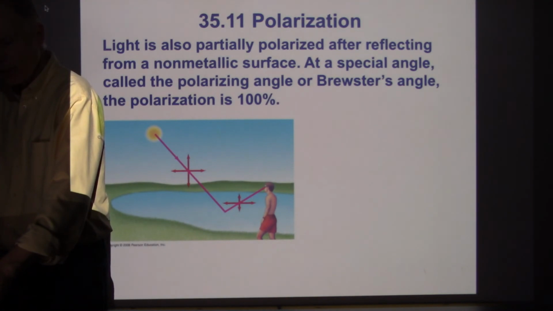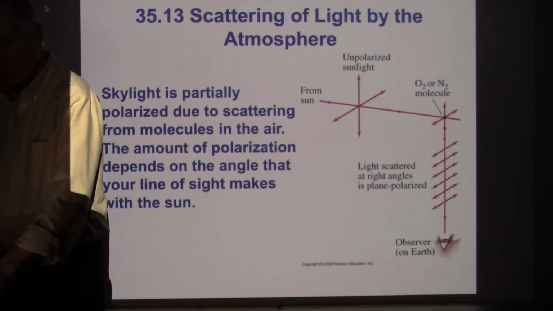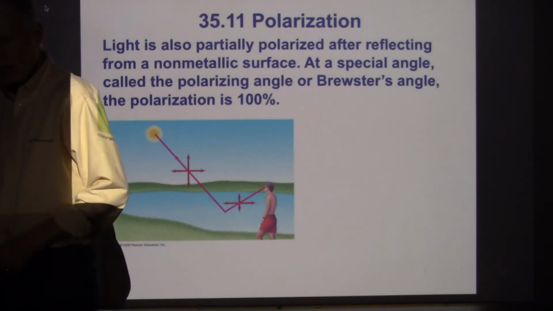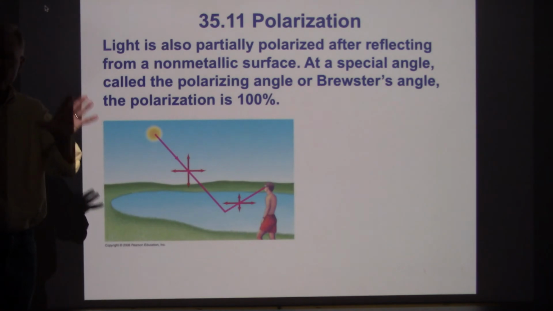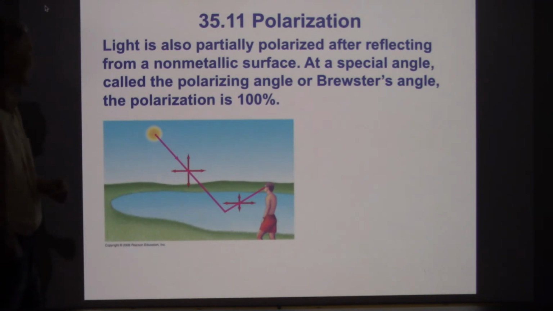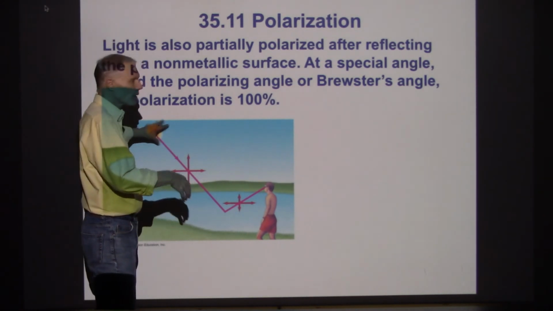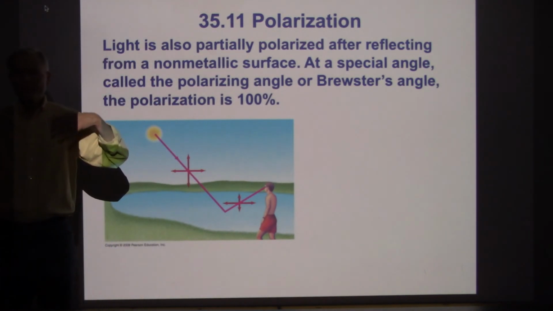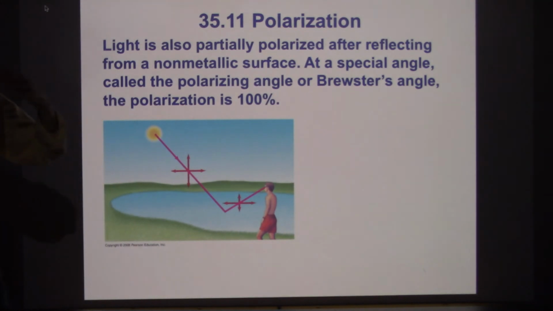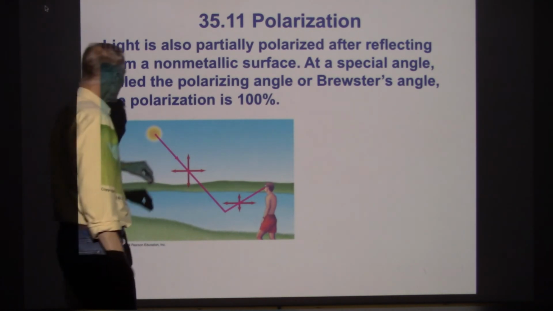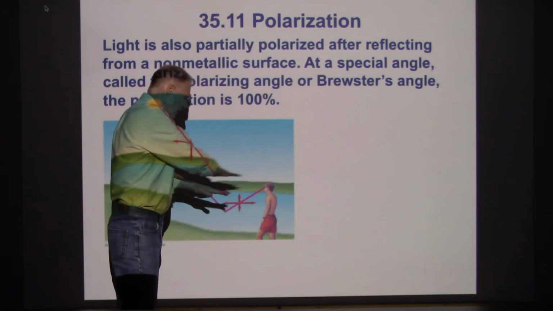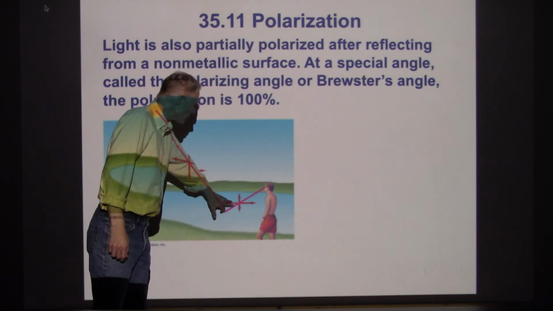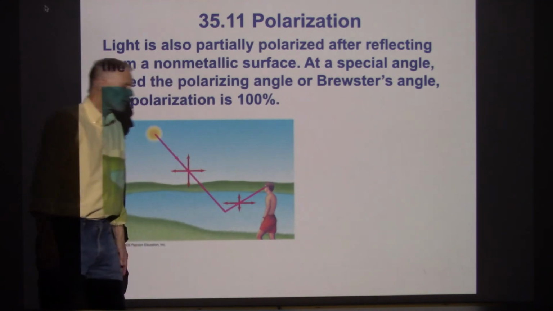Now another thing to realize here is, we have a couple more. Light coming from the sun, when it reflects off a surface like the water that we have here, the light coming in is generated in a very random fashion. So the photons coming in are equally likely to end up with one polarization as another. But when they hit a horizontal surface, they tend to retain the horizontal component but lose the vertical component.